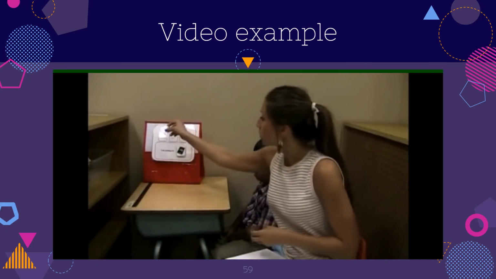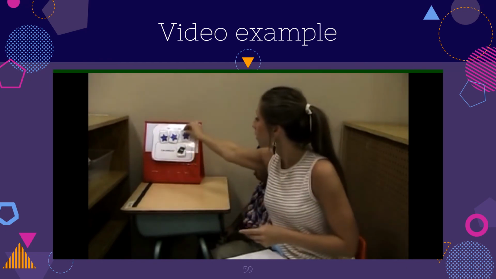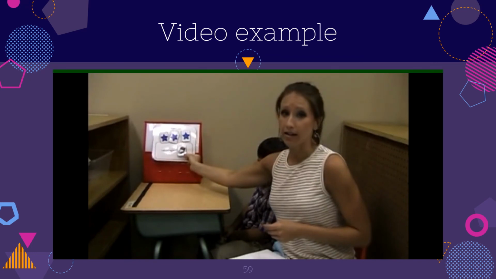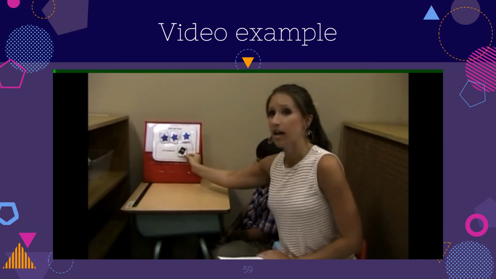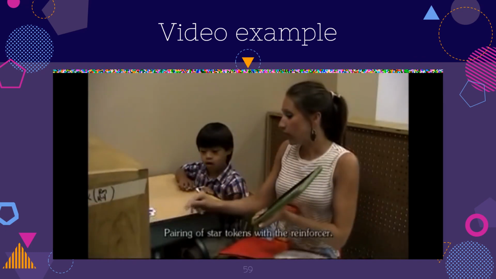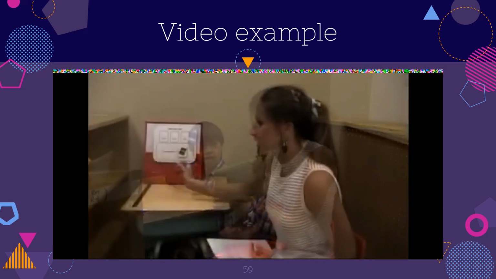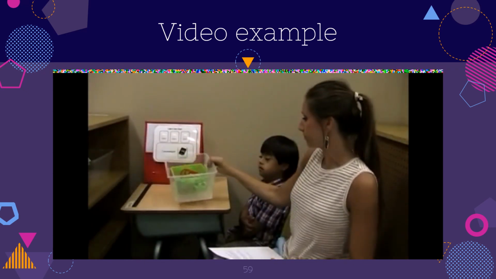When Callan earns 3 stars on his chart, he will gain access to the backup reinforcer of the iPad that he has chosen for up to 10 minutes. So Callan, you have to get 3 star tokens before you can get the iPad. Here's your first job.